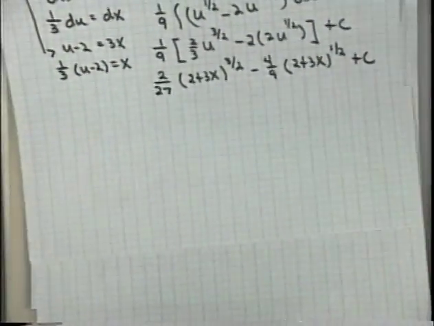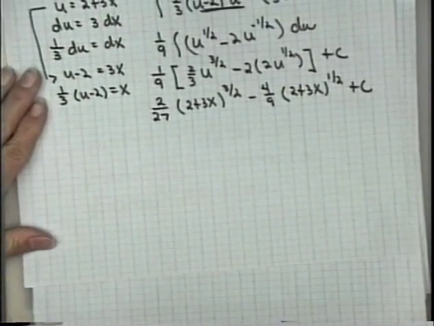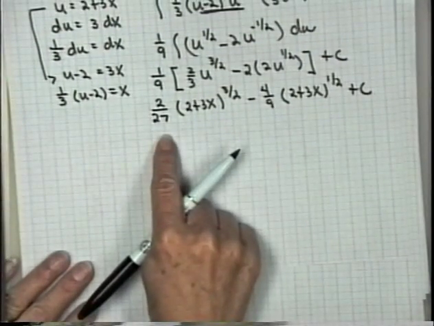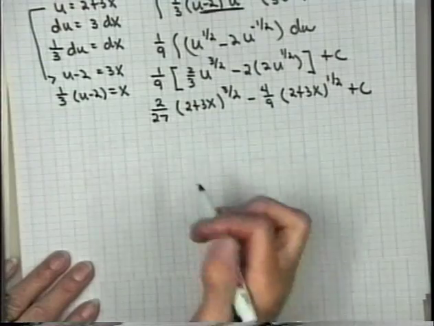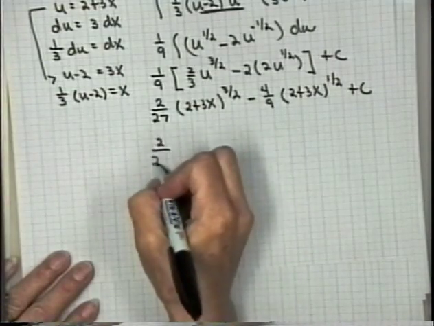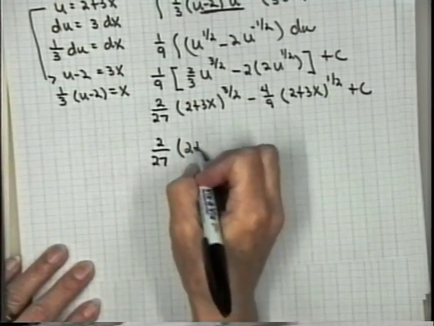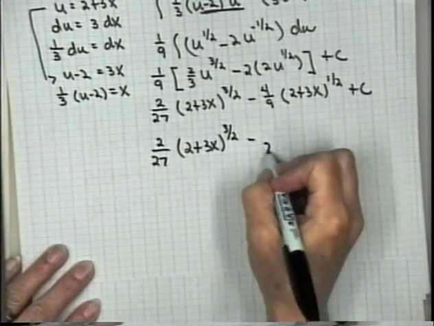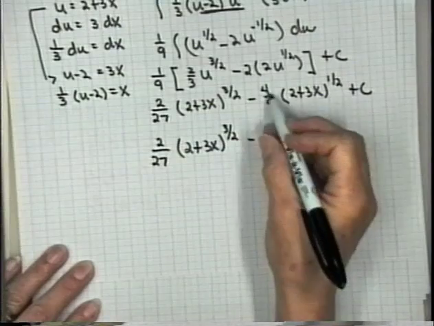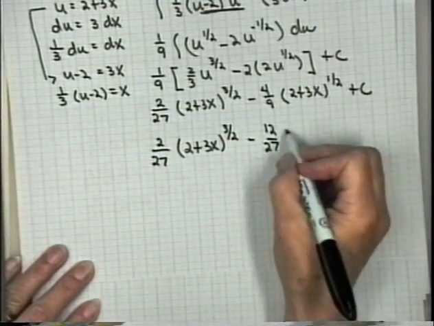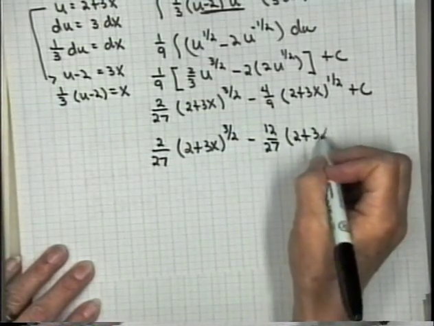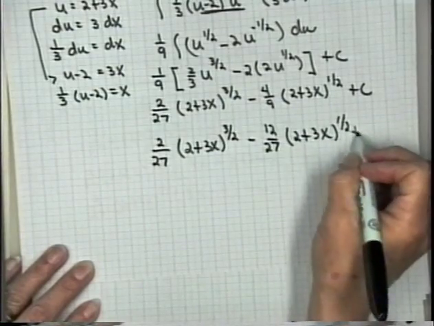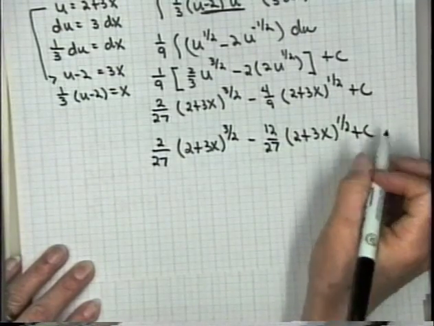Now, my second answer is 2/27 here and 4/9 here. Again, I'm going to get a common denominator. So this is 2/27, 2 plus 3x to the 3 halves. And if I get 27 here, I need to multiply by 3 over 3. I have 12/27, 2 plus 3x to the 1/2 plus c.